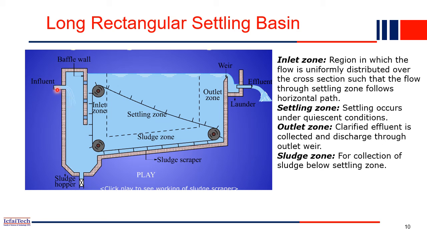Because of this wall, the influent velocity of the water is reduced, and slowly the water goes down, and then it goes up. Then it slowly passes through this region, and ultimately it goes out, which we call effluent. So influent means the raw water coming into this sedimentation tank, and effluent means the final water going out.